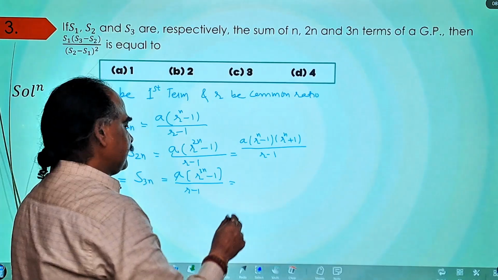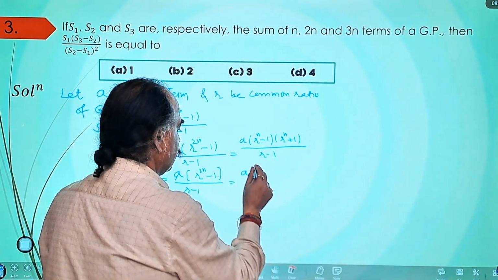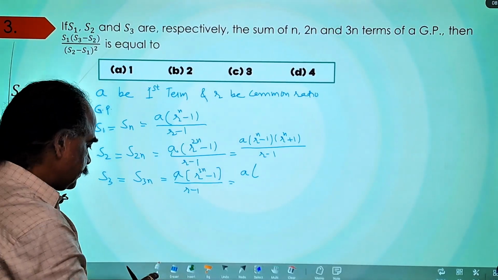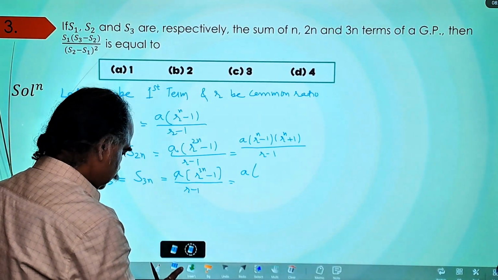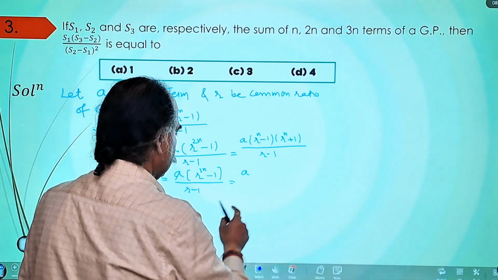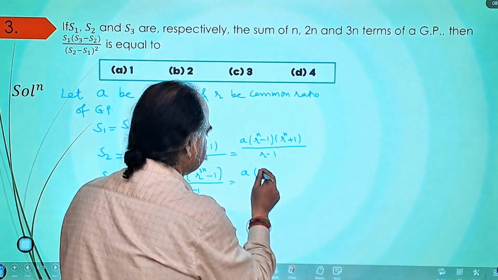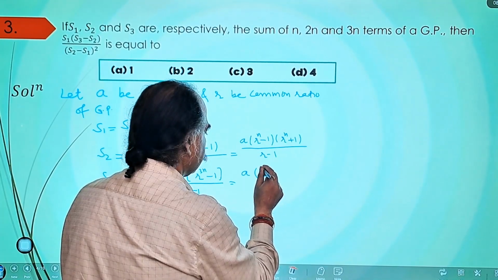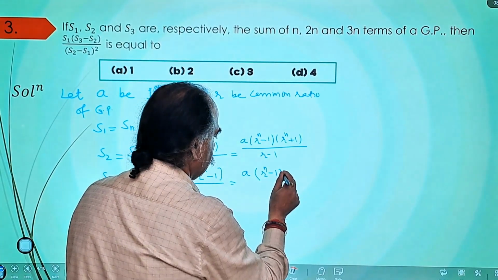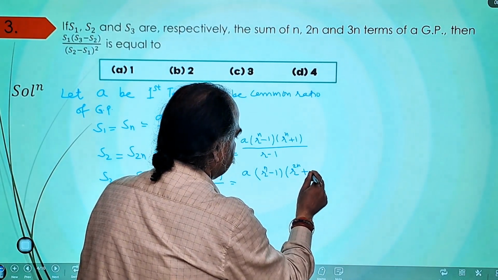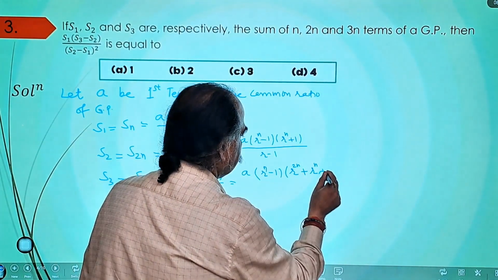This can be written as A into R raised to n minus 1 into R raised to 2n plus R raised to n plus 1.